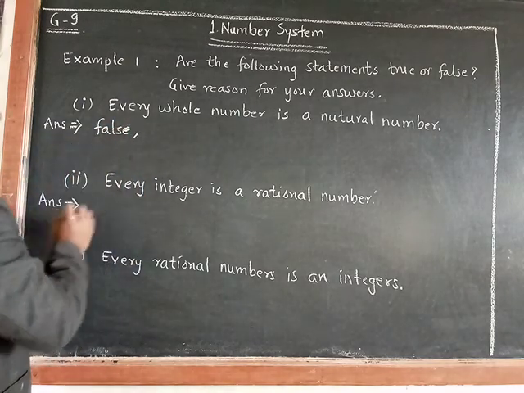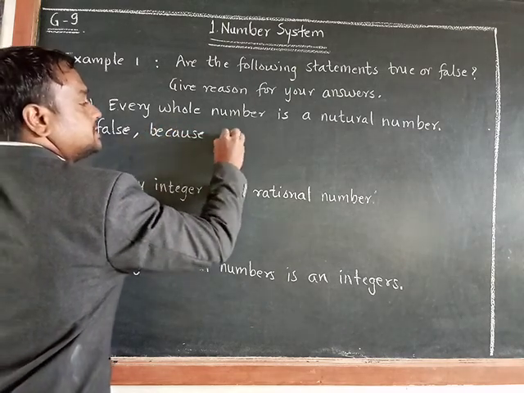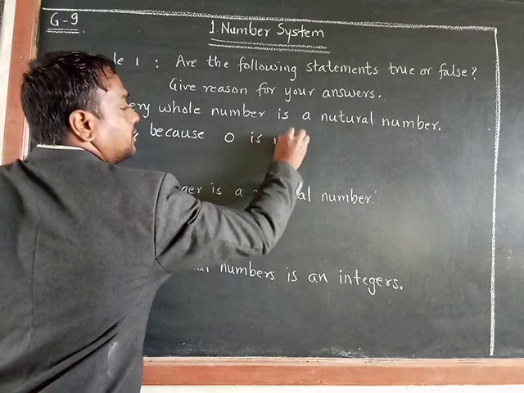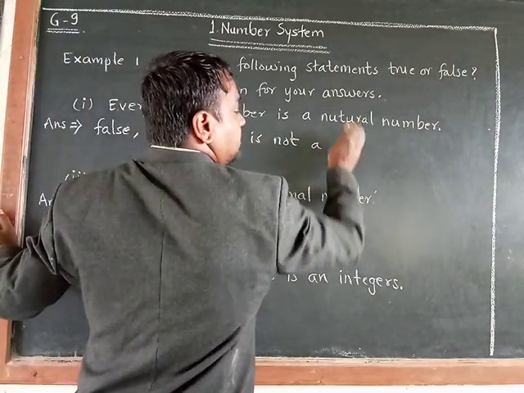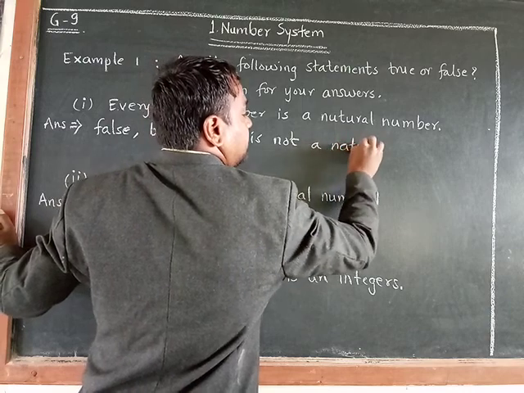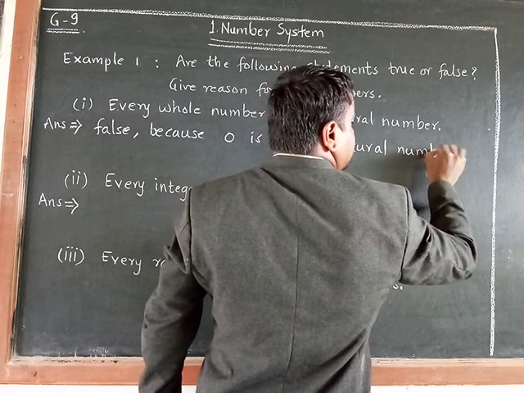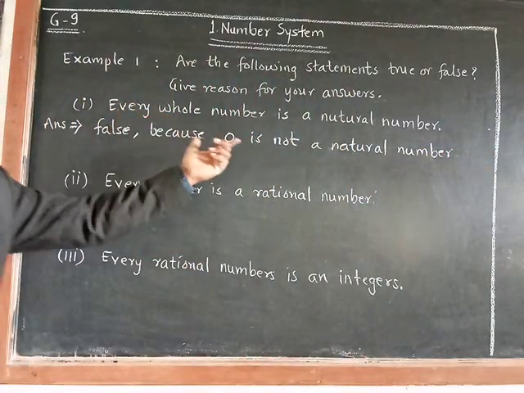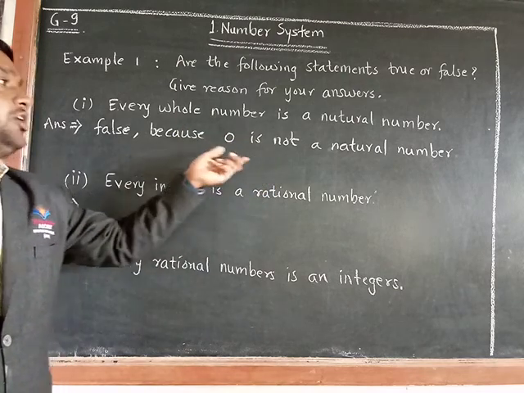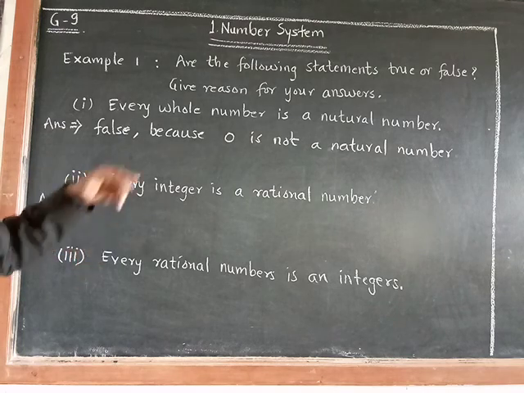We can give the reason: because 0 is not a natural number. So the given statement that every whole number is a natural number is false. That is the answer of the first statement.